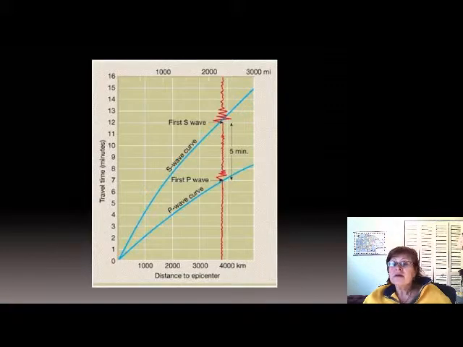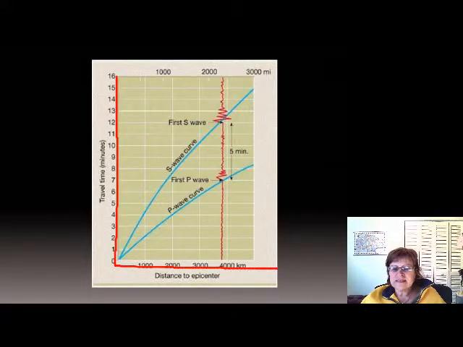Every single seismic station will have a so-called travel time curve. The travel time curve basically translates the time into distance, because that's what we need to know. We have the difference in the arrival time, and we have to tell how far it was. On this travel time curve, this axis shows you the time, and this shows you the distance.